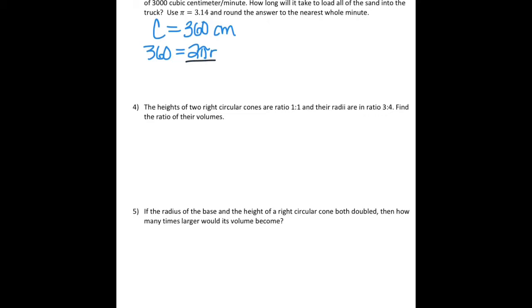I'm going to divide both sides by 2 pi. I'm going to make sure that when I do that, I put the 2 pi in a parenthesis in my calculator. So I find out that the radius equals 57.29.